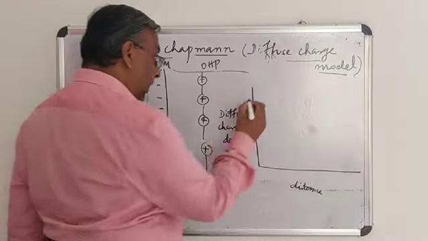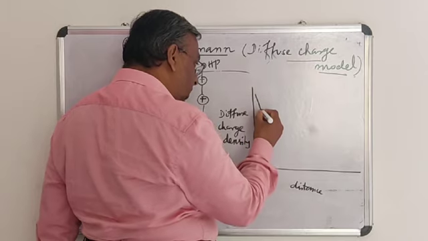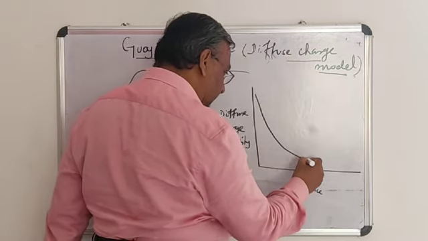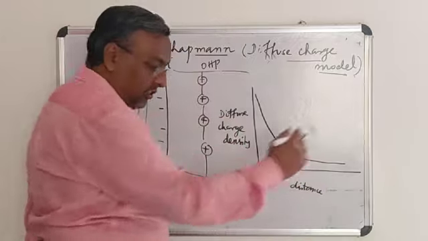The charge density goes on decreasing like this as the distance increases.